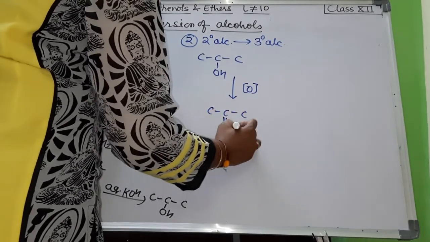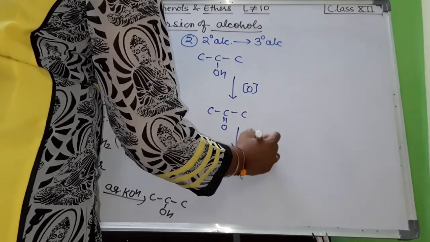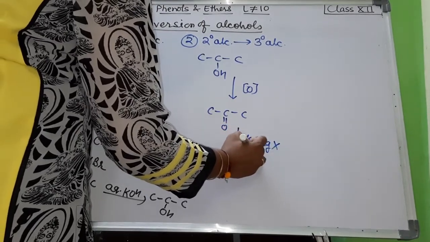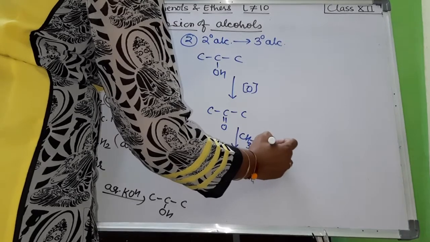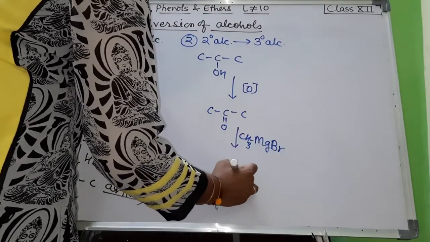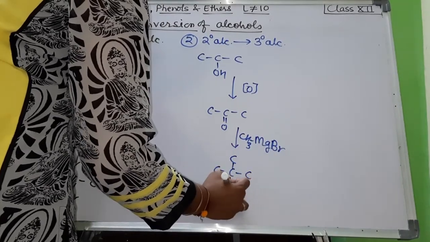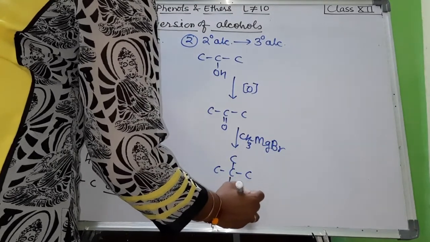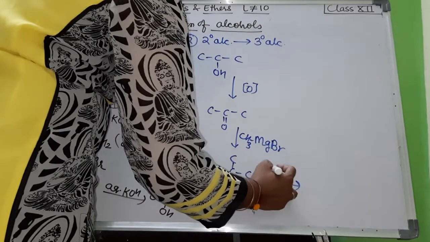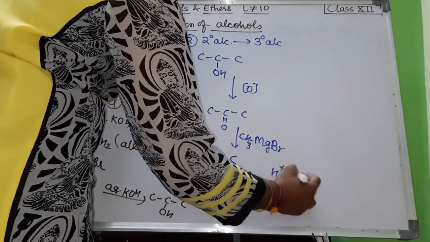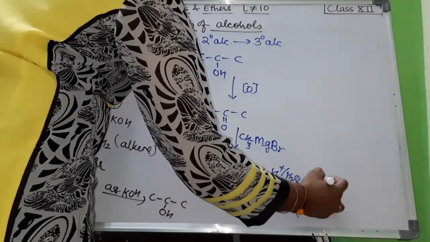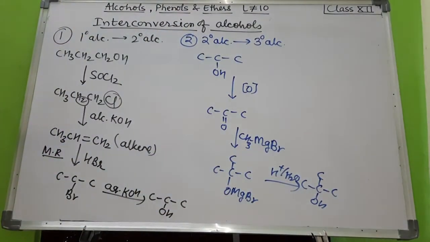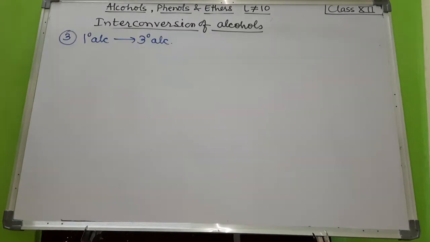And this ketone on treatment with Grignard reagent, that is RMgX, let's take here CH3MgBr instead of RMgX, will give an addition product with OMgBr, and this on acid hydrolysis will give a tertiary alcohol. So this is the simple way to convert a secondary alcohol into a tertiary alcohol.